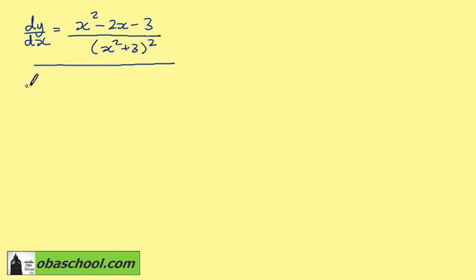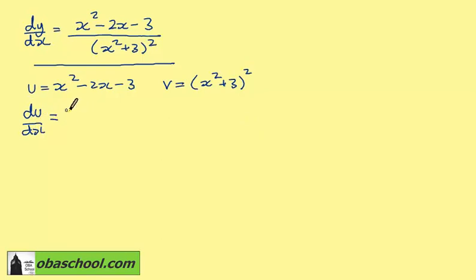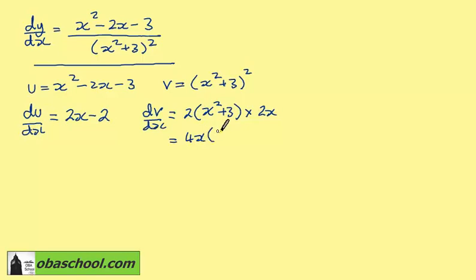Once again, we have a quotient. u is x squared minus 2x minus 3, and v is (x squared plus 3) squared. du/dx then is 2x minus 2, and dv/dx, and we need the chain rule here, is twice (x squared plus 3) to the power 1 times the differential of inside, which is 2x, giving us 4x(x squared plus 3).